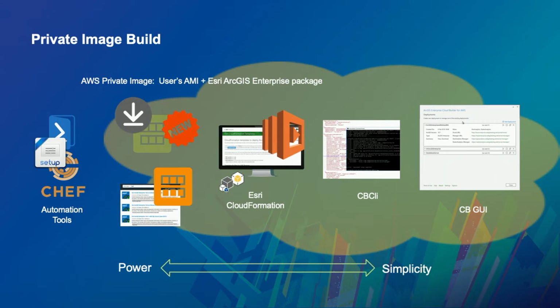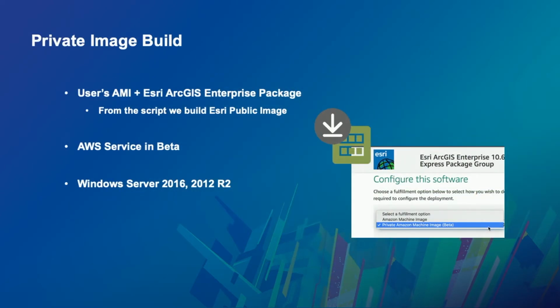Amazon right now has a private image service that's in beta. What it does is basically, the user provides the AMI, your master AMI with your operating system. And Esri, we provide a package. Basically, it's a script. Then Amazon uses that to configure your image, to create a new private image that's very similar to our public image that's only available to you.